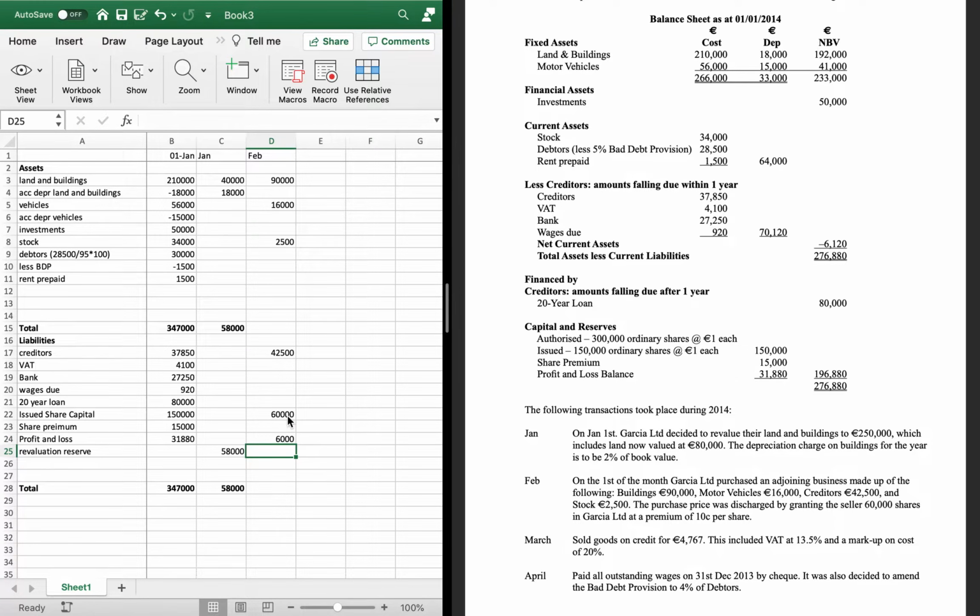So if we add up the bottom, 60 plus 6 plus 42.5 would be 108,500. The top would be less than that anyway. So we've got 90,000, 16 is 106, and another 2.5 is 108,500. So there is no goodwill in this question.